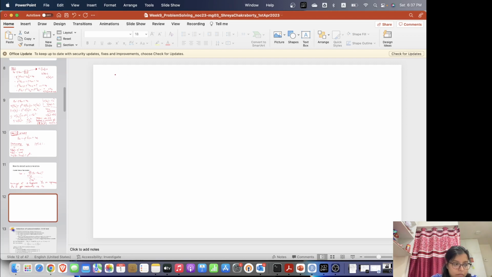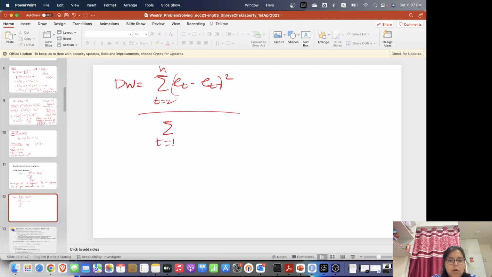Now I want you to look carefully at this: summation t equal to 2 to n (e_t minus e_(t-1)) whole square by summation t equal to 1 to n e_t square. And then I want you to remember how we should infer positive or negative autocorrelation, intuitively.